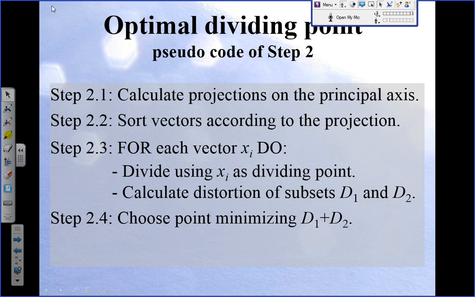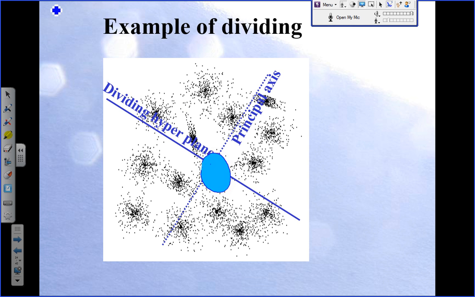Okay, so pseudocode, how it goes exactly. So how do we select the dividing point? For the principal axis, we have to calculate a regression line, and the best way I know is principal component analysis. I think we applied the so-called power method.